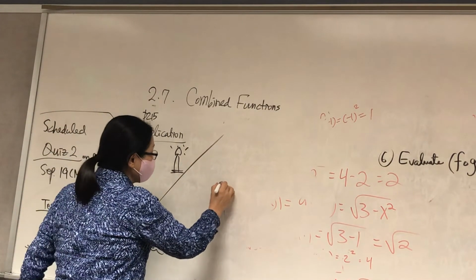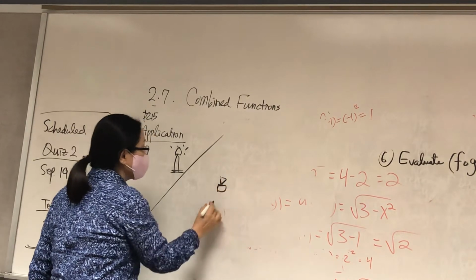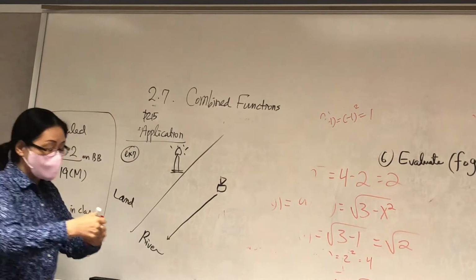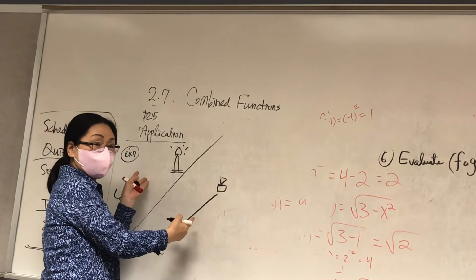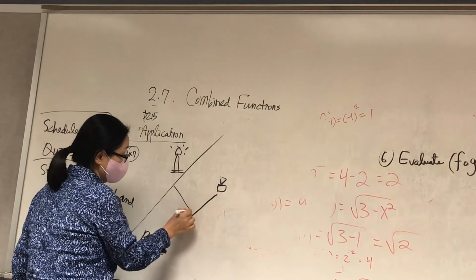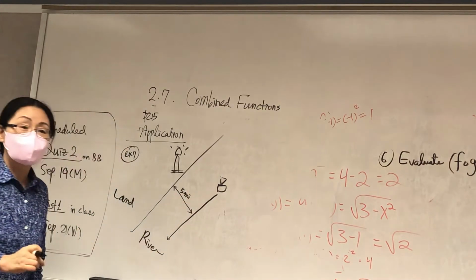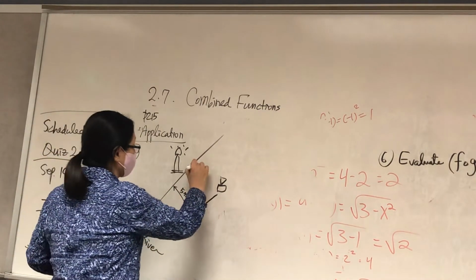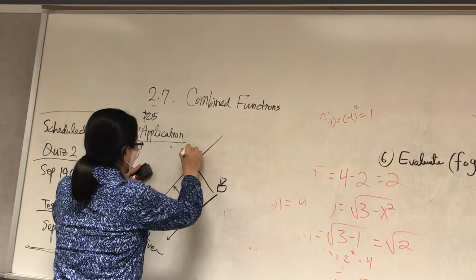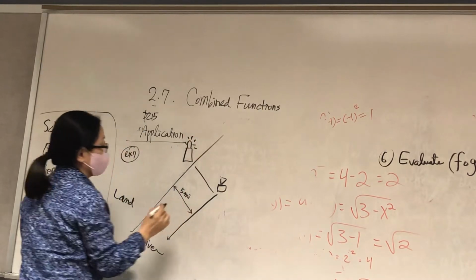And your ship is moving parallel this way, yeah? And the distance from the shoreline to your ship is 5 miles. So here is also 5 miles.